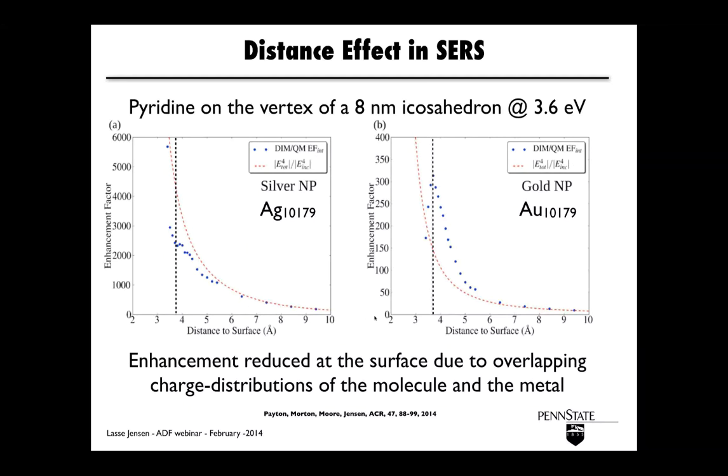Once you get close to the metal surface, you start to see deviation from this E to the fourth method, due to the fact that you both get a reduction of the electric field at the surface, and you also get field gradient effects. That takes into account the fact that the electric field is inhomogeneous over the distribution of the molecule, and here the bonding distance is the striped line. So in these regions, the DMQM describes different results from what you get from a simple E to the fourth type mechanism.